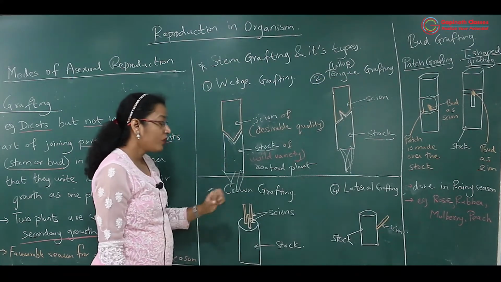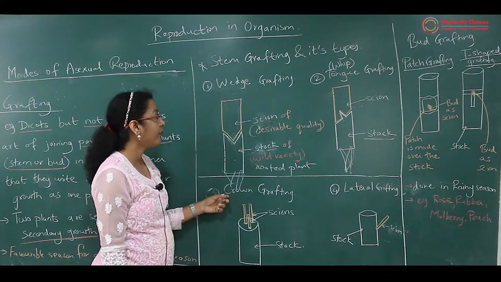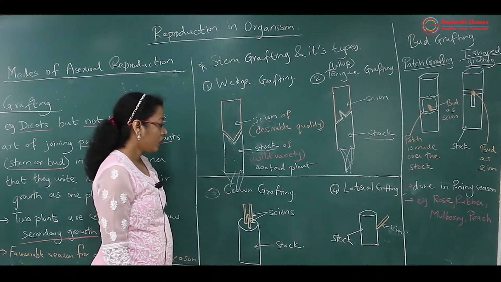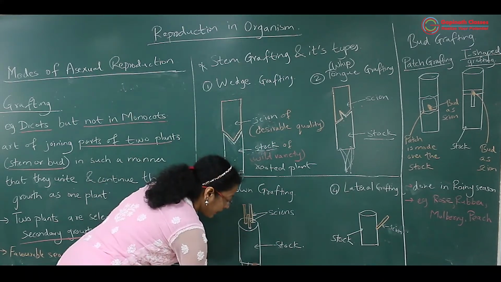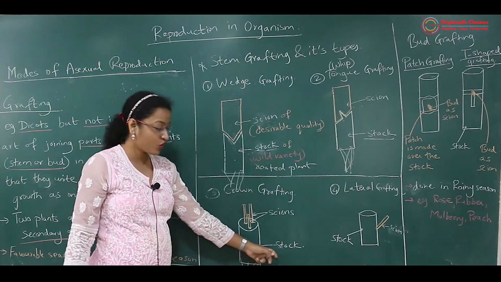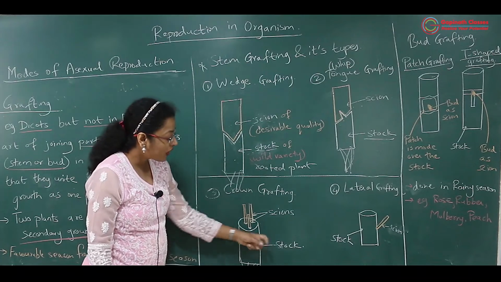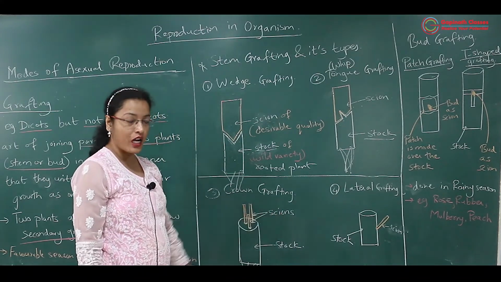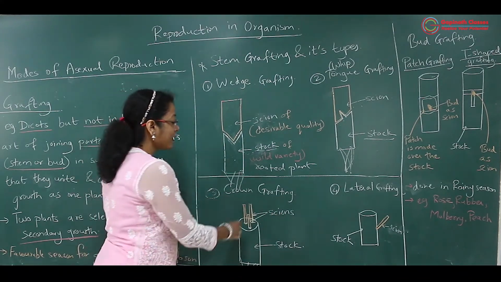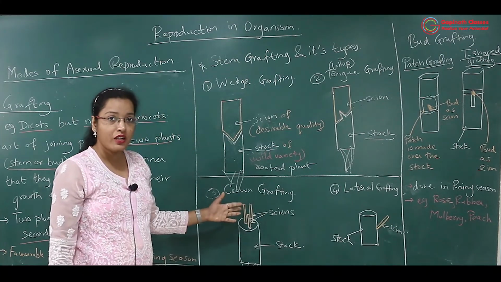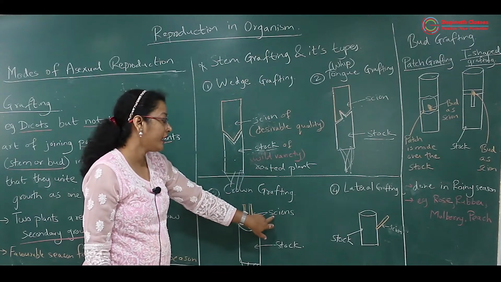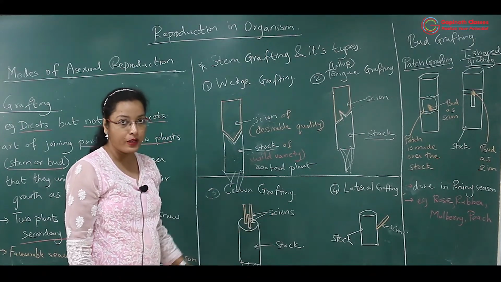Then crown grafting, which is the third type of stem grafting. Okay. So in crown grafting, the stalk is the rooted plant. The rooted plant is known as the stalk. Okay. So over the stalk many scions are placed. So many scions will grow up here, and likewise there will be desirable qualities built in the new plant.